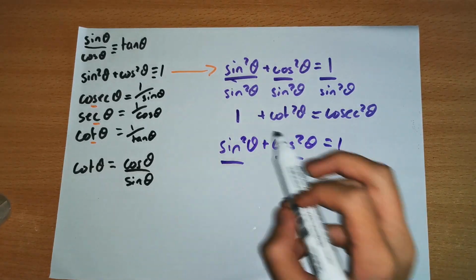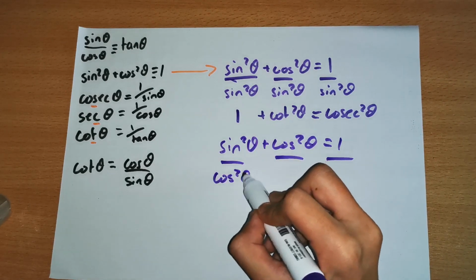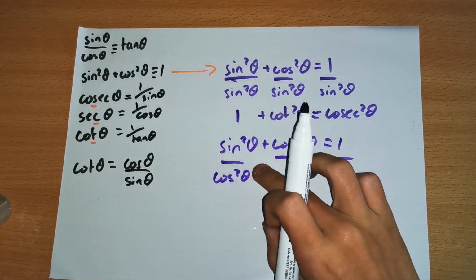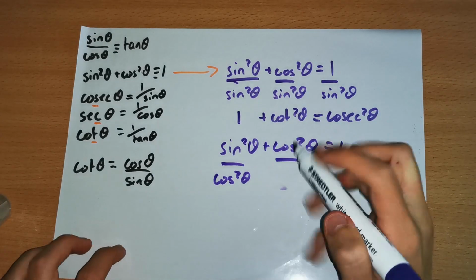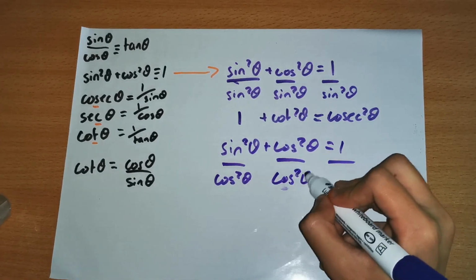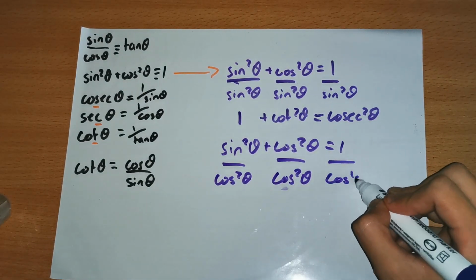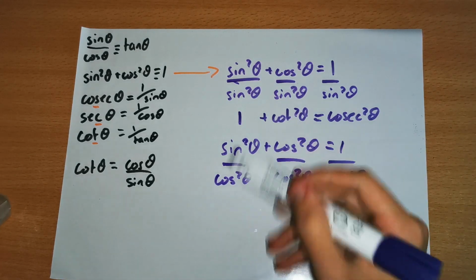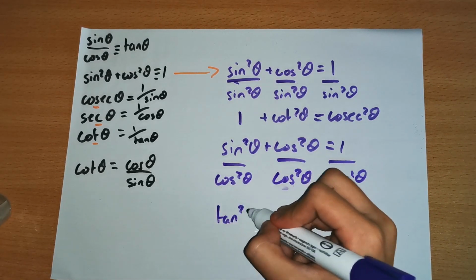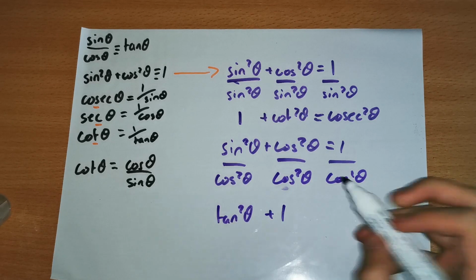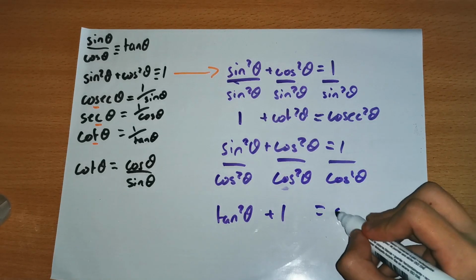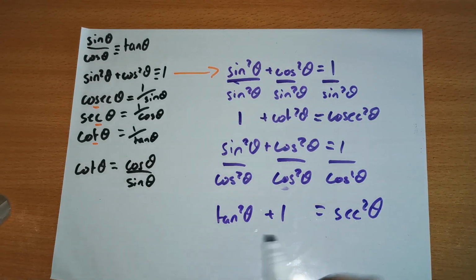Divide it by cos squared theta this time, then you're going to see that sine over cos squared is tan squared theta, cos over cos is 1, and 1 over cos squared is sec squared theta. There are no C's at the start of this, which is how I remember that one.